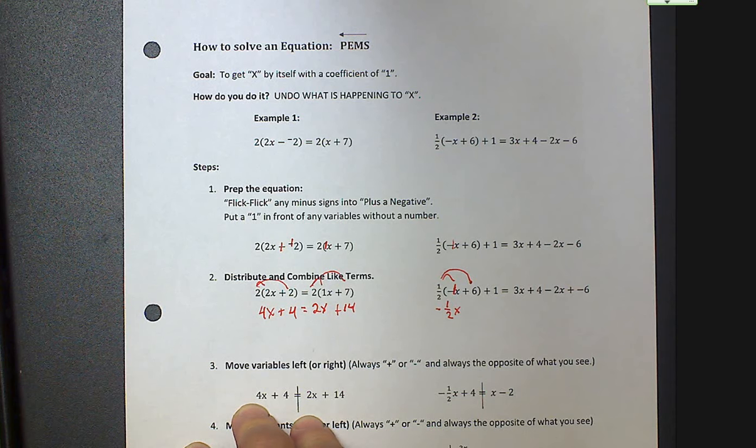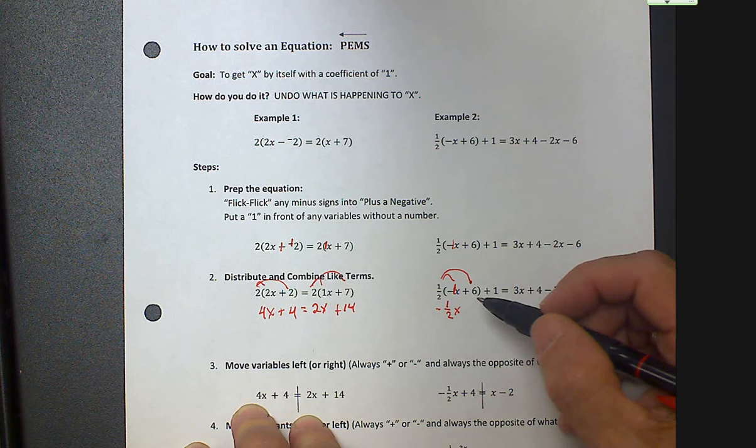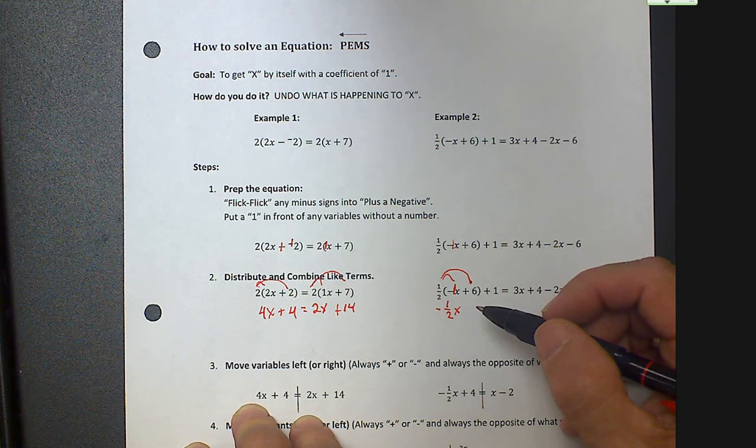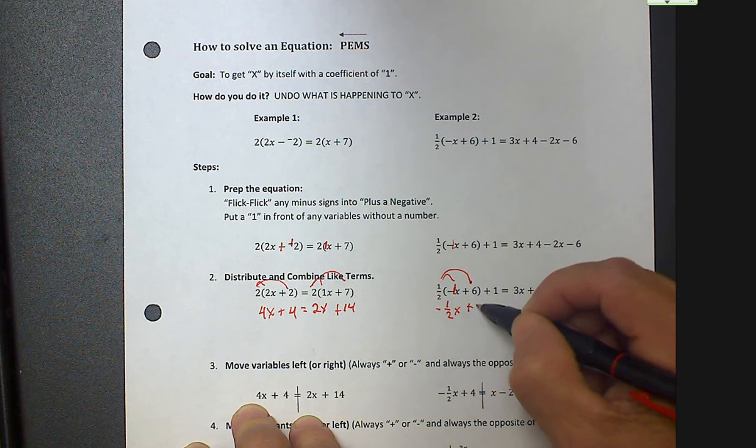And 1/2 times 6. Sienna, what am I going to get right there? Plus 3. Exactly right. Okay.